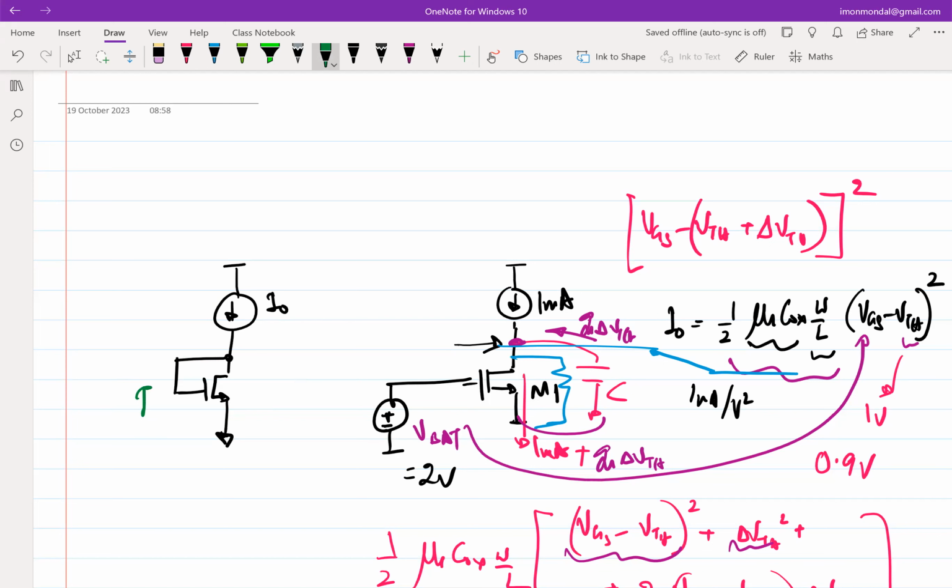So you are asking the transistor itself to generate its own required voltage to sink a current of I. That's all. That's the crux of the story. Okay. Any questions?